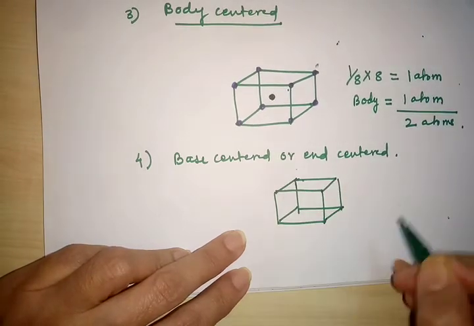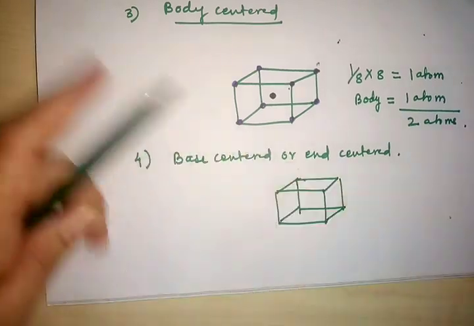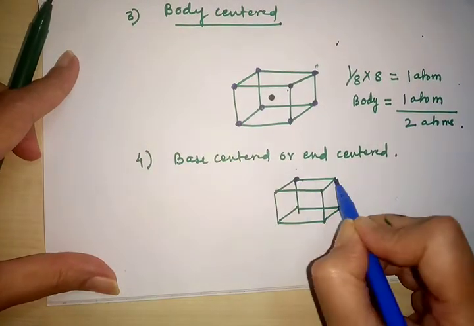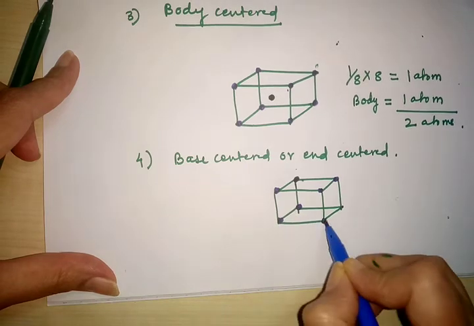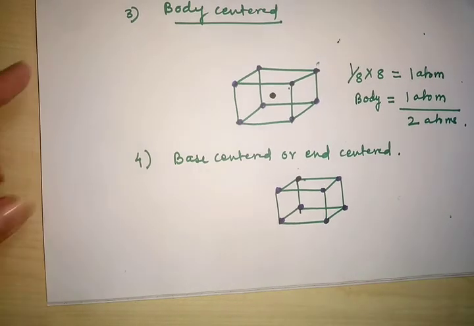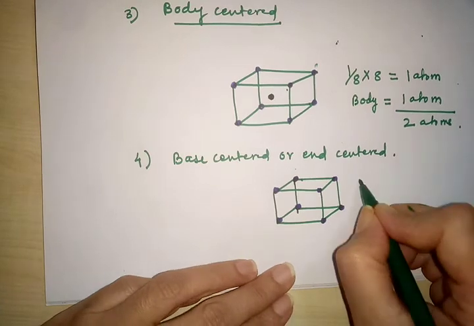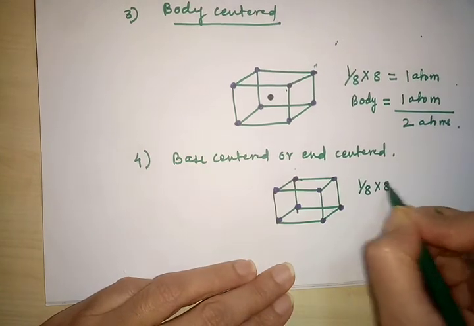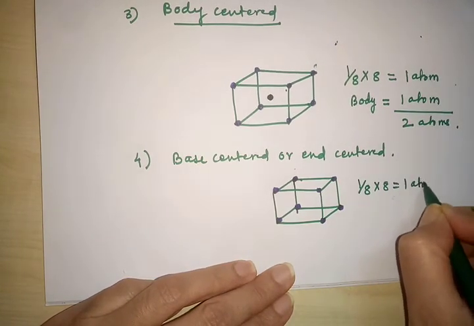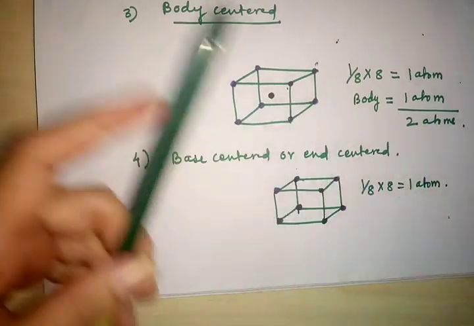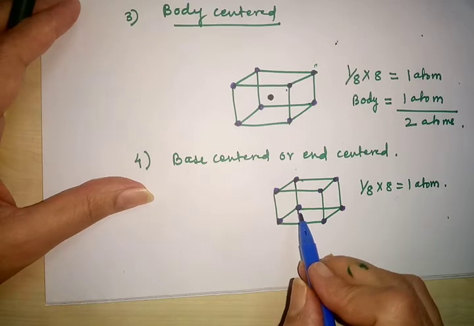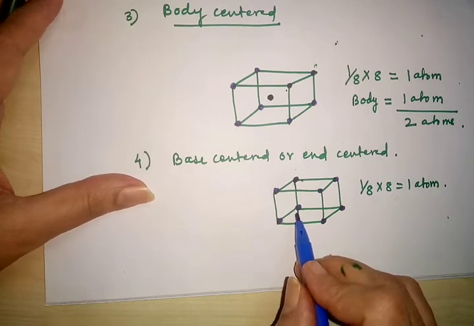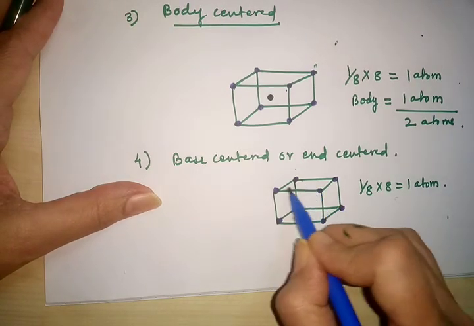It's very simple. Now all these will have particles at all the corners of the cubic unit cell. So the contribution for this will be 1 by 8 into 8 equals 1 atom, and at the 2 opposite faces, it will have particles situated.